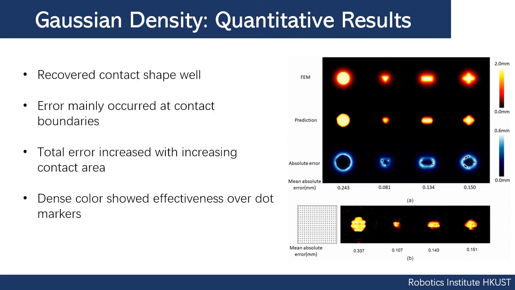As we can see, the overall contact shape is recovered very well compared to the ground truth. The errors mainly occurred at the contact boundaries, so when the contact is larger, the total error increases. We also synthesized using the dotted marker instead of the dense random color pattern to show the effectiveness of our method. We can see the predicted contact depth is much worse compared to the dense one.